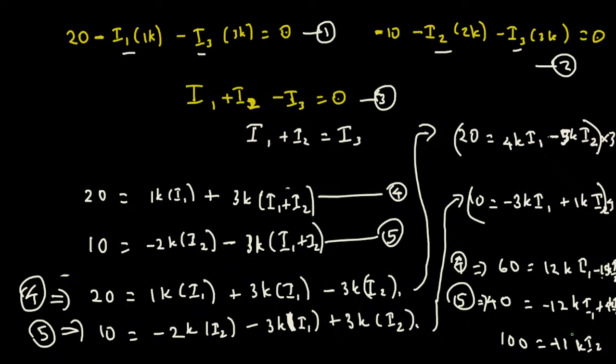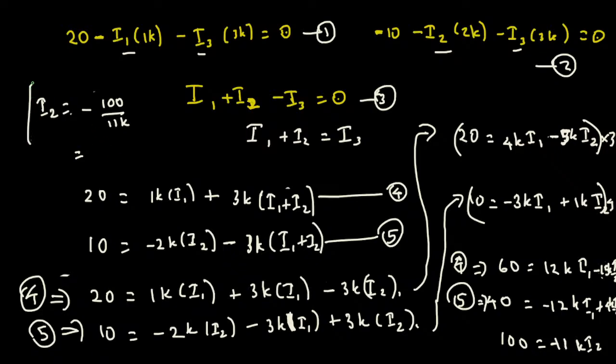Therefore we know that I2 is nothing but 100 divided by 11k, and there's a minus also, so this is minus 100 divided by 11k.